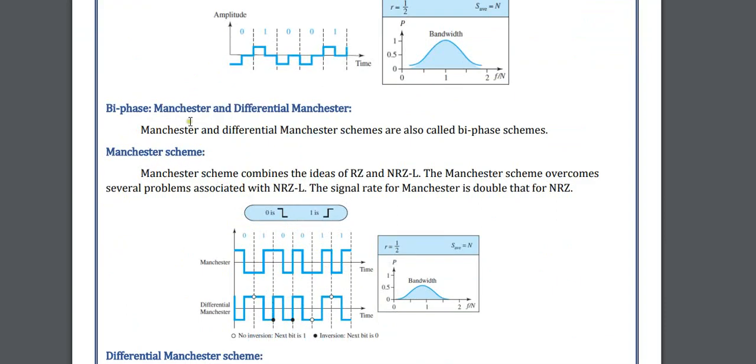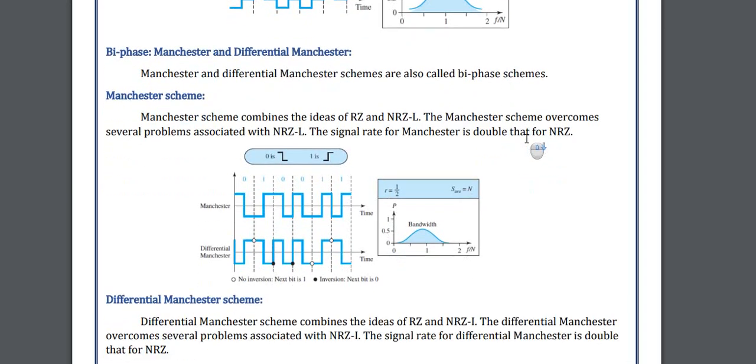Biphase. In this section the different schemes are also called the biphase scheme. The Manchester scheme combines the idea of return to 0 and non-return to 0 level. The Manchester scheme overcomes several problems of NRZ-L.